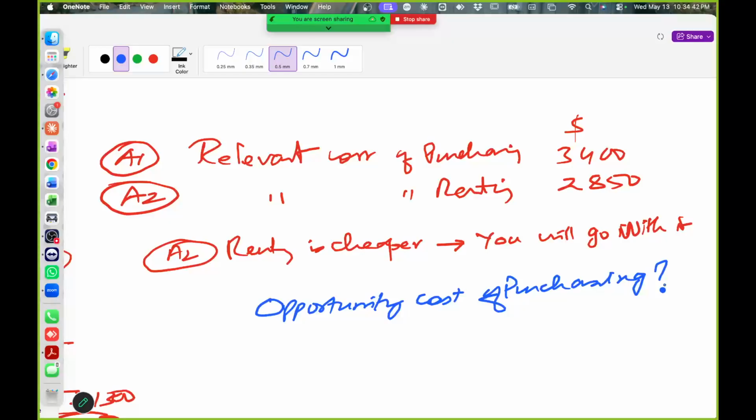Renting is my opportunity, right, for purchasing. Instead of purchasing, we'll go for renting. That's correct. Super. The opportunity cost of purchasing is $2,850. That is renting.